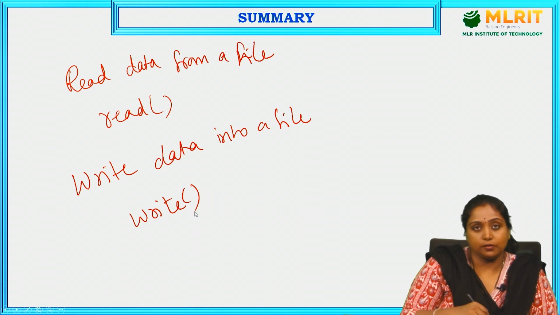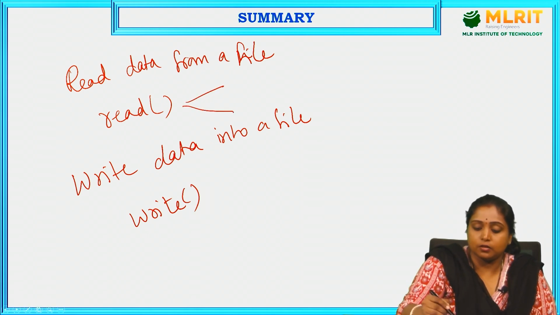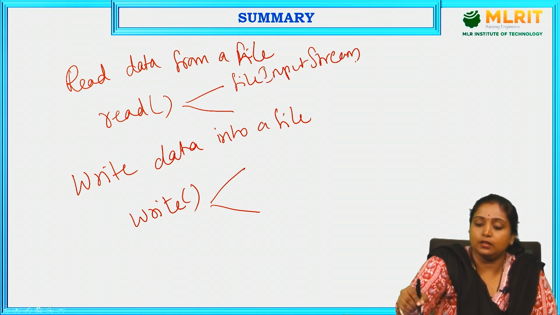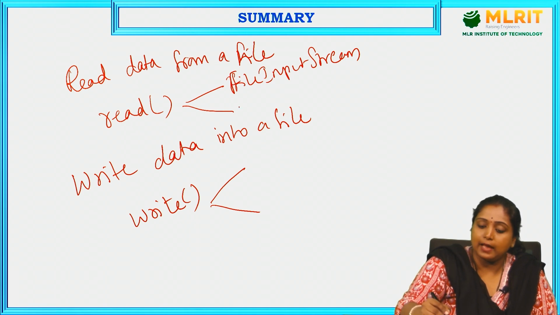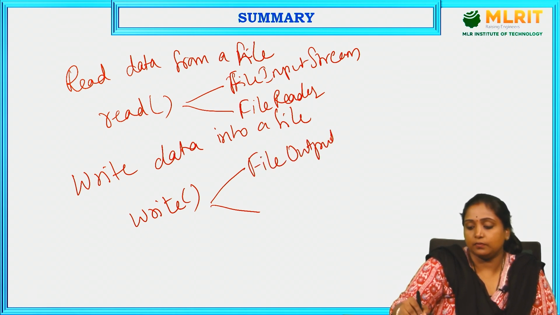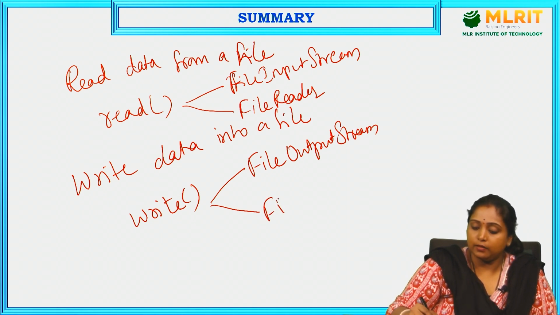But what was the difference? Here the two methods you are using for reading are the file input stream class as well as the file reader class, and for the write method, the file output stream and file writer class.